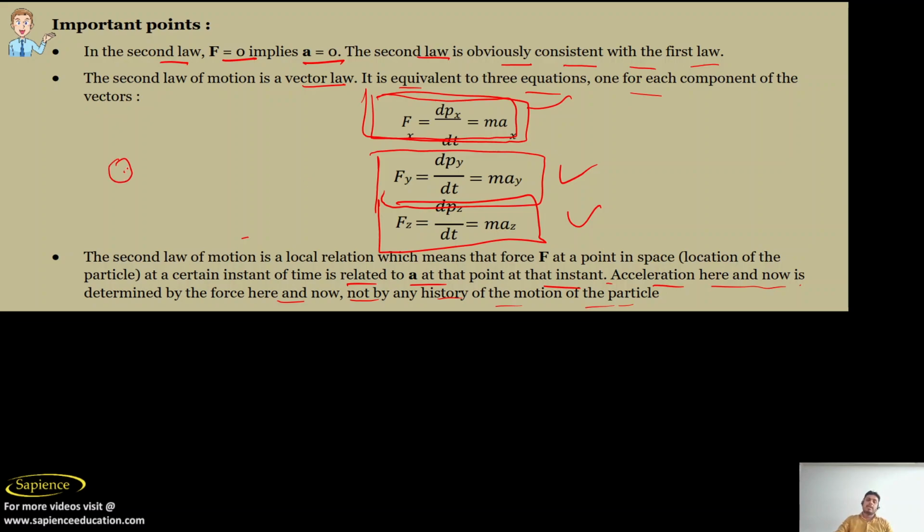Whether the object is at rest or in motion, if you are applying an external force, it will get accelerated. If you are not applying an external force, then no acceleration is there. That is the thing you need to remember in Newton's second law.